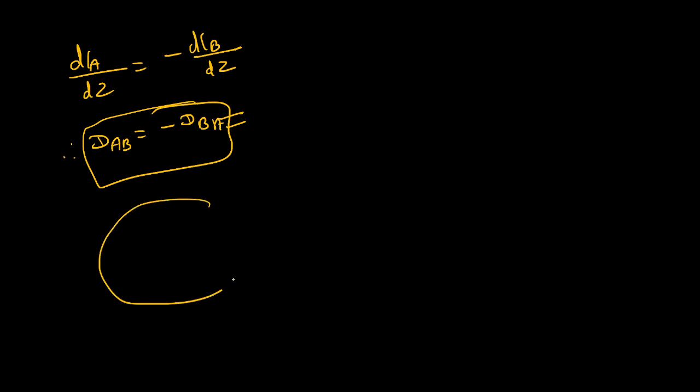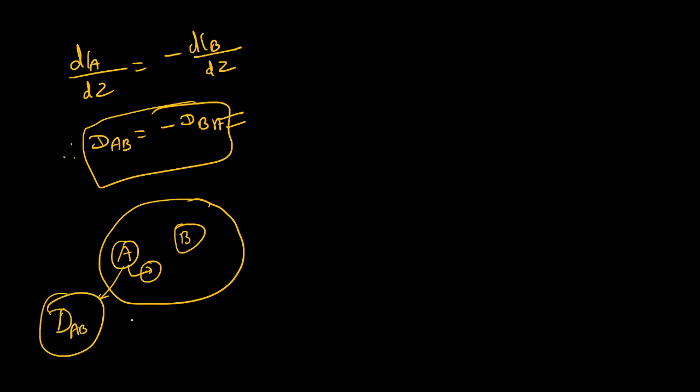So if a two-component system is there, A and B, and if by any means you are able to find the diffusion coefficient of component A, that is DAB, then with the help of this particular correlation, you will get the value of DB also. So no need to worry about that. If the system is a binary component, then it is very easy for you to get the thing in a simplified manner. Now, moving forward for this particular topic, I'm going to discuss some steady state molecular diffusion in the gaseous condition. So first, I will be discussing the equimolar counter diffusion.